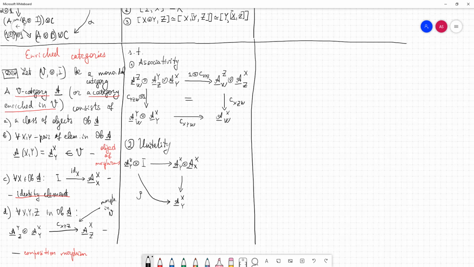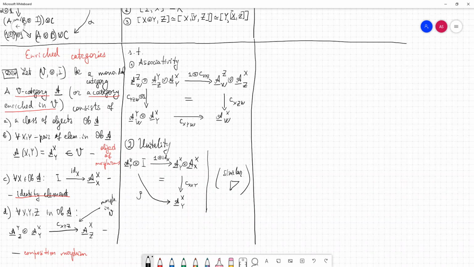Here is identity tensor ID sub X. And here is C_XXY. This triangle commutes. And there is also a similar triangle for the left unitor, which I don't want to write down; you can write it yourself.